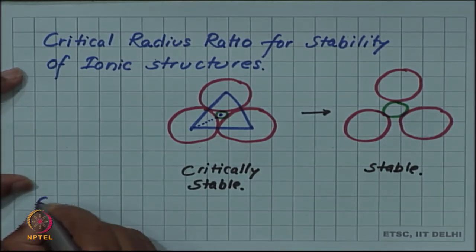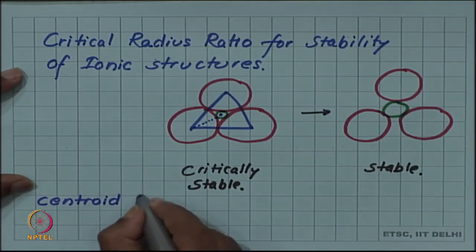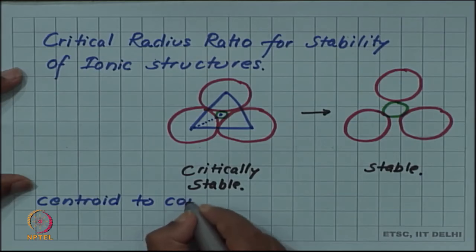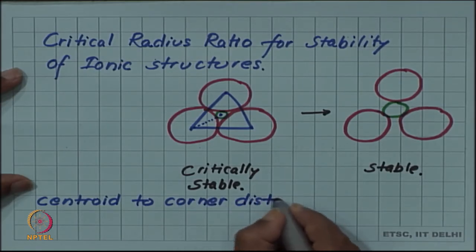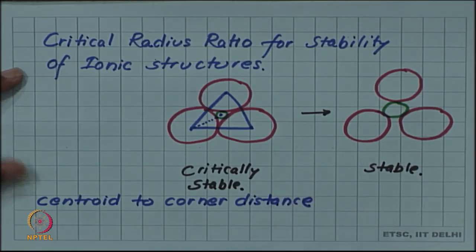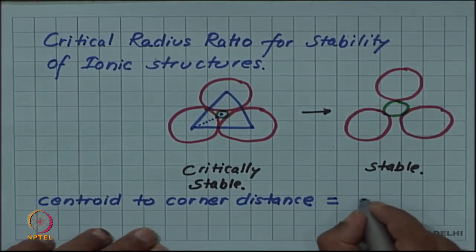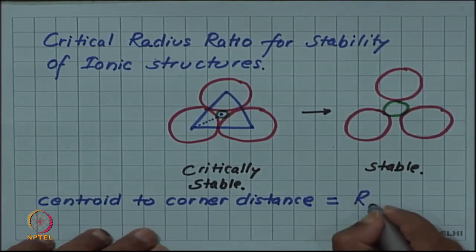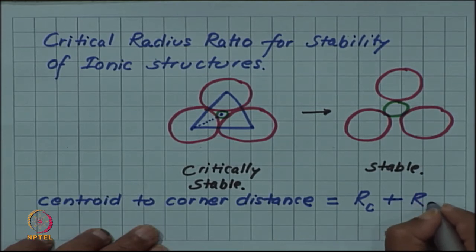So, centroid to corner distance should be R cation plus R anion.